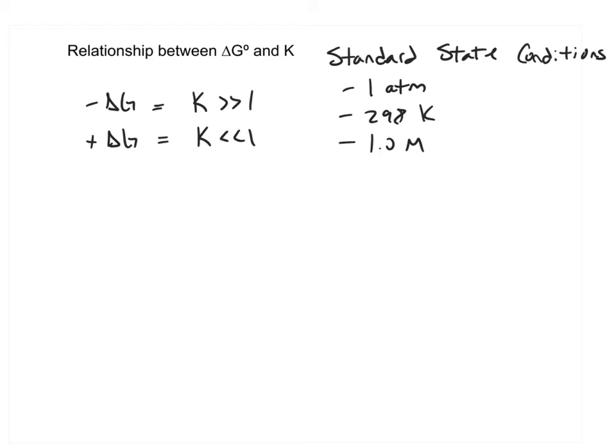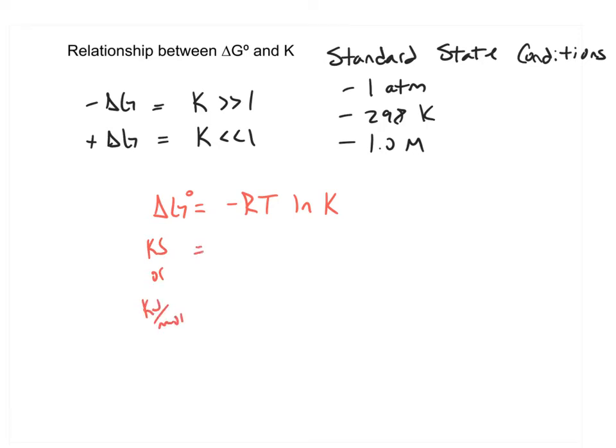But how do we quantify this? Well, the College Board has given us a nice, neat formula where you just plug and chug. And if you know delta G, you can solve for K, and if you know K, you can solve for delta G. Here's the formula. As we know, delta G is either expressed in kilojoules or kilojoules per mole.